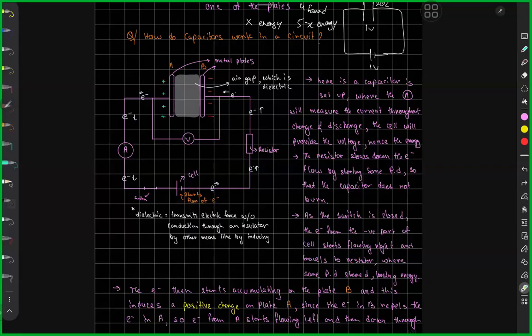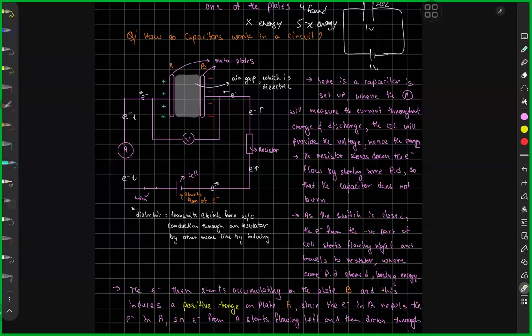It is simply that charge will no longer build up over here. The build up of charge gets completed the moment this is 12 volt and this is also 12 volt. The supply voltage doesn't change. It's just that the potential difference over here keeps increasing until 12 volt is achieved. That is the core key idea.